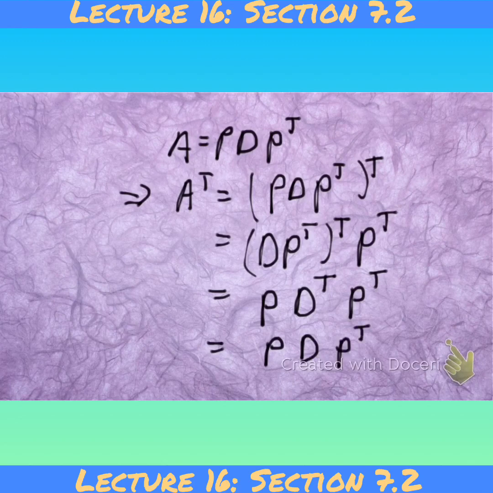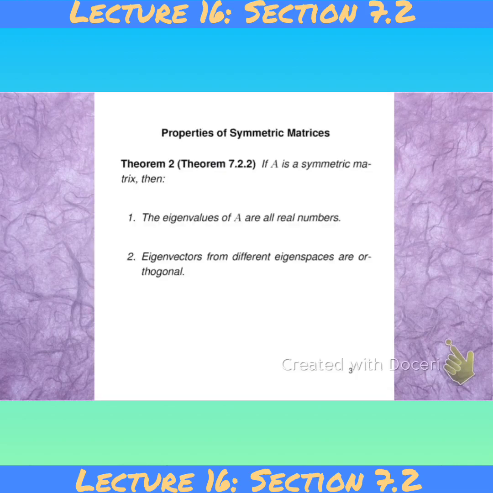So that implies that A is symmetrical because A transpose is itself. Right, just some properties of symmetric matrices.